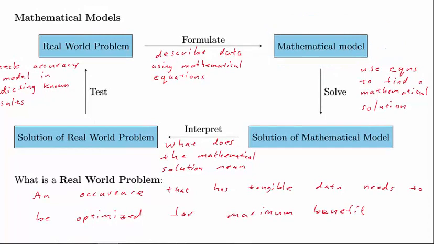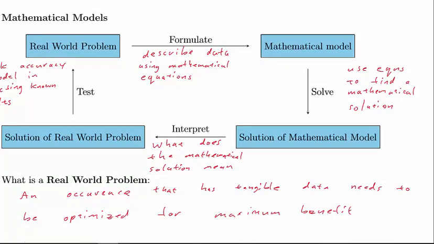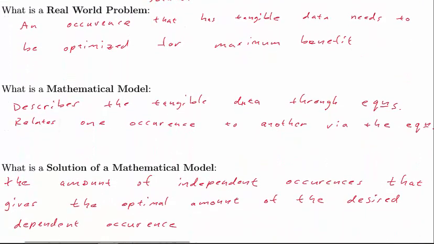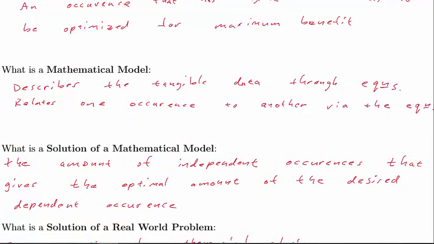Once we have equations, we can find a mathematical solution. So we will begin solving those equations, using them to find a mathematical solution. You know, the traditional solve for x statement. So what is a solution to a mathematical model? It is the amount of independent occurrences. When we say independent, it's the same as when we're talking about independent variable versus the dependent variable.